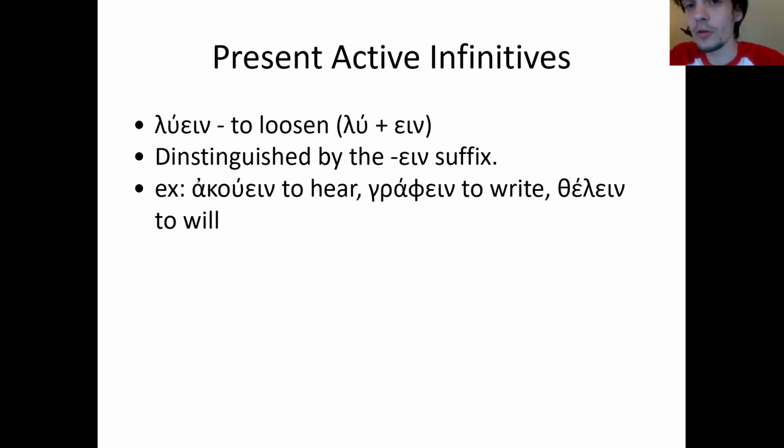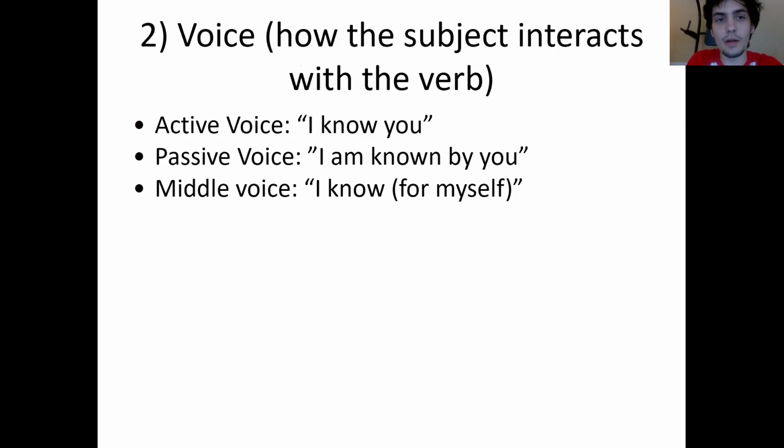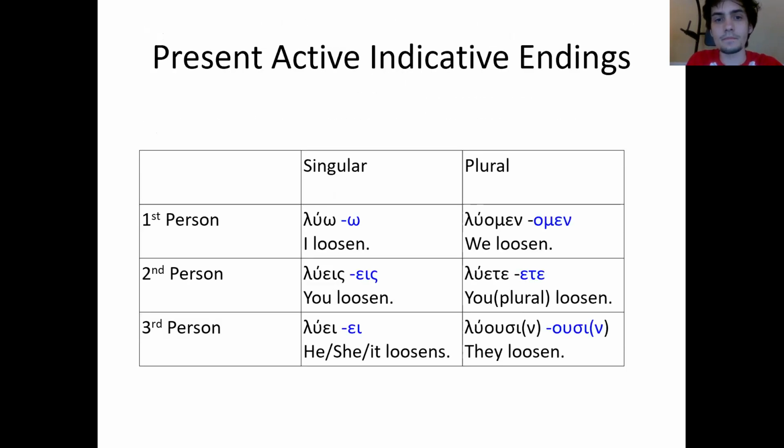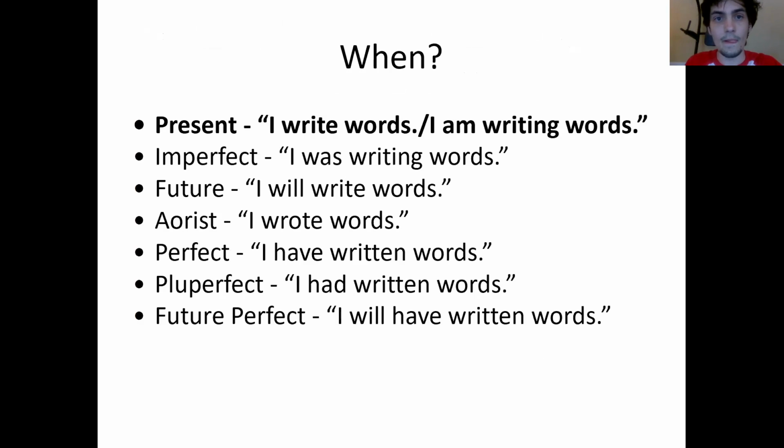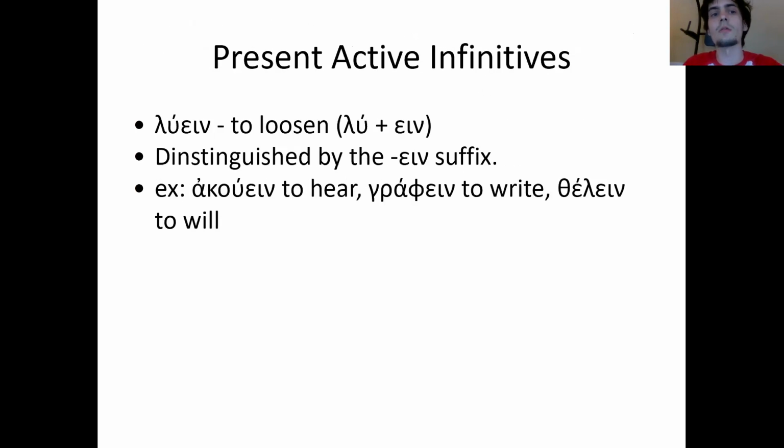Real quick, I want to point out, we have talked about our endings for indicative: luo, lueis, luei, luomen, luete, luousi. But here we have also thrown in, because it's not really that hard, infinitives. These will be used as our nouns in this first chapter, even though we don't have any nouns.